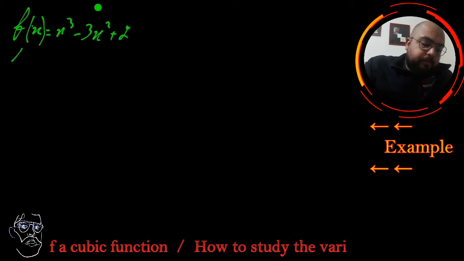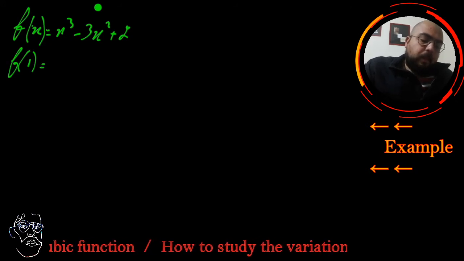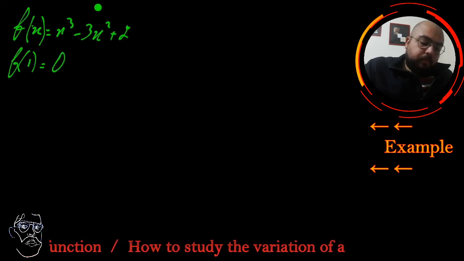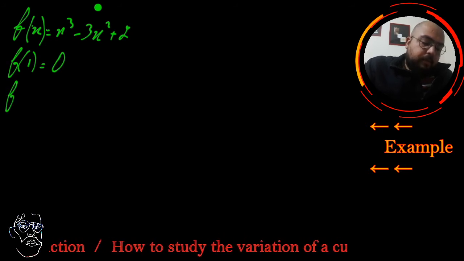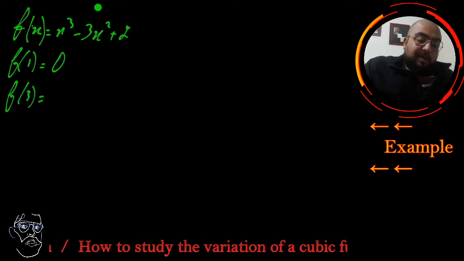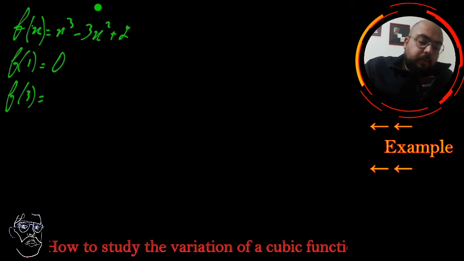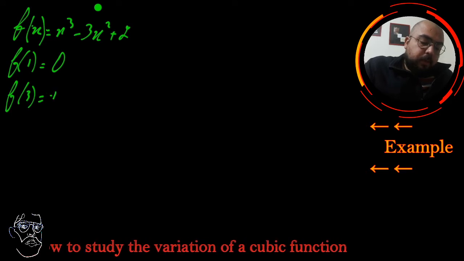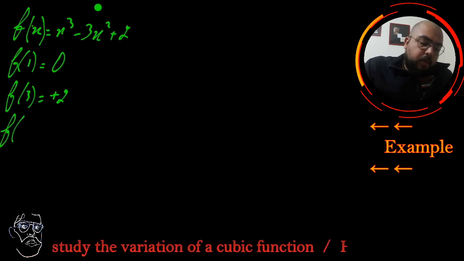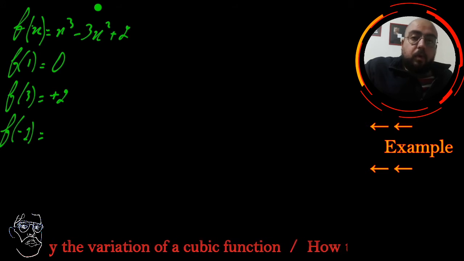F of 1. So I'm going to calculate f of 1. It's 1 plus 2, it's 3, minus 3 is 0. F of 3 will be 27 minus 27 plus 2, it will give us plus 2. F of minus 1 is equal to -1 to the power of 3.